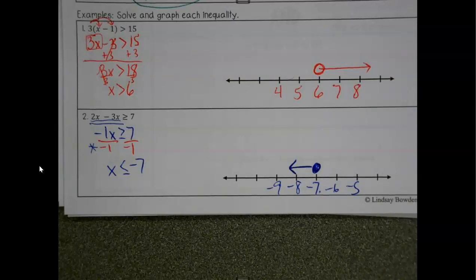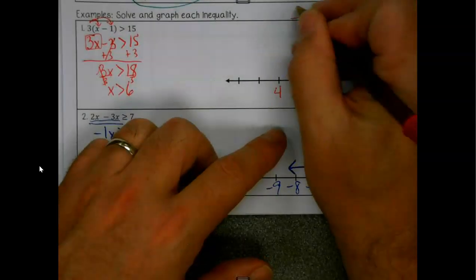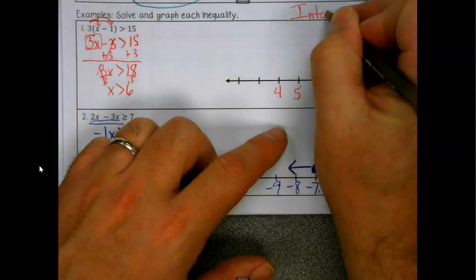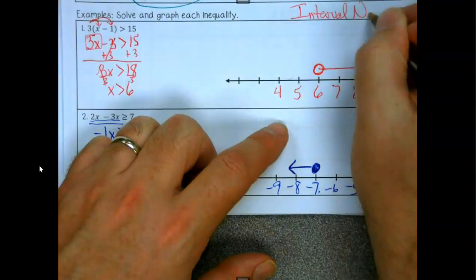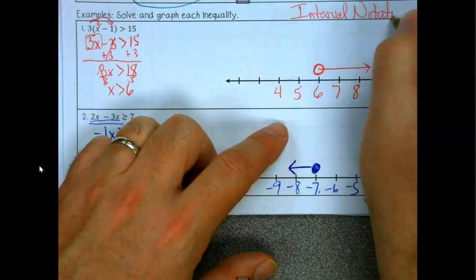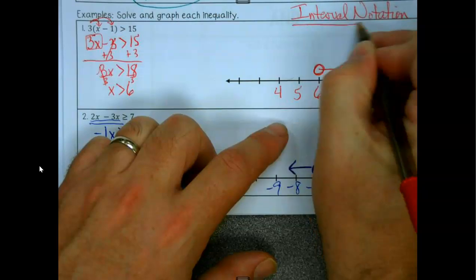And get that set. Now, I am going to mention one other thing. I wasn't going to, but I think this is good, especially for a class like this. When we talk about your solution set, there's this thing called interval notation.